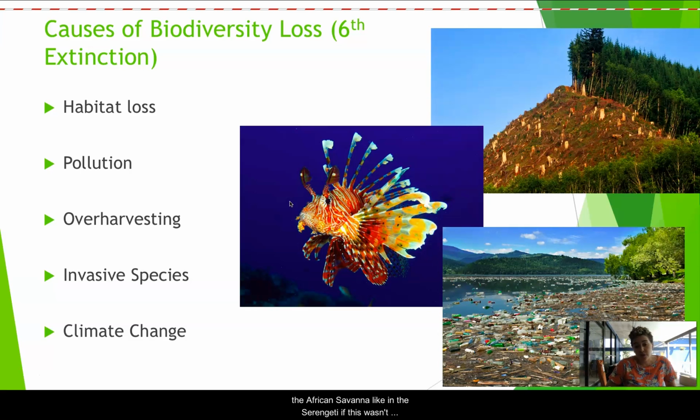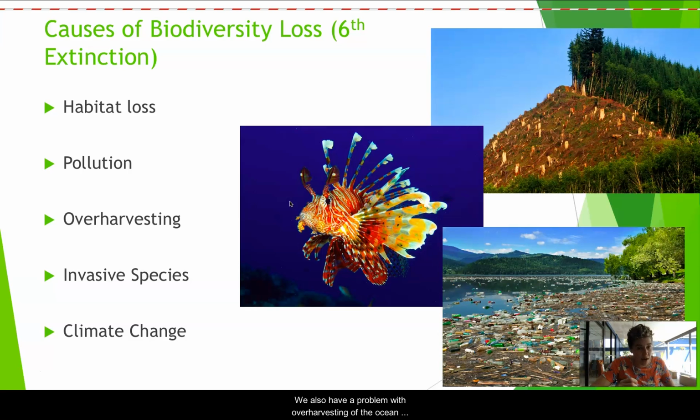And this is a big problem, for instance, in the African savanna, like in the Serengeti, if this wasn't parkland that was really well maintained. But there's also poaching of gorillas and primates for bushmeat in Africa and in Central Africa in particular. And illegal wildlife poaching is often happening for traditional medicines and the delicacies of certain types of cuisines.